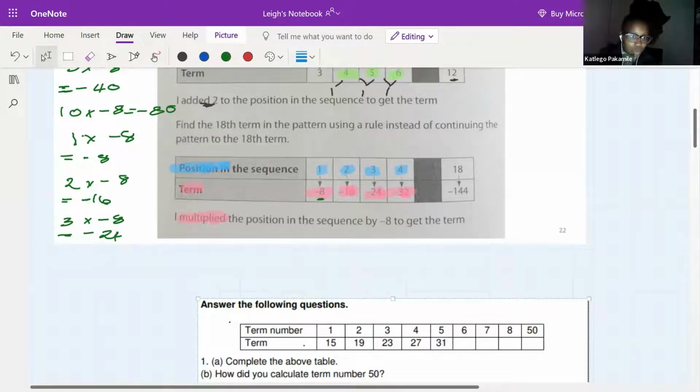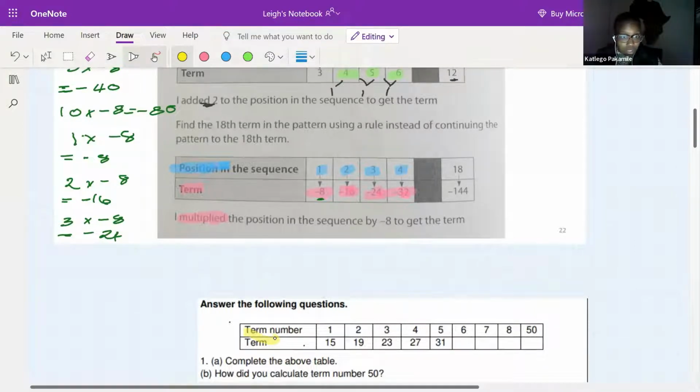Previously, we used position. In this case, it's just term number. And then we have term, which we have established is the value of the term.